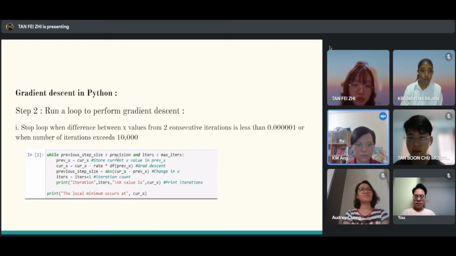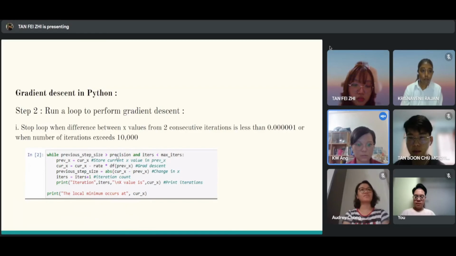Then the previous step size is the absolute value of the current x value minus the previous x value. The iteration number will be increased by 1, and each iteration number will be printed with the current x value. And finally, it will print the final current x value at the end of the coding.